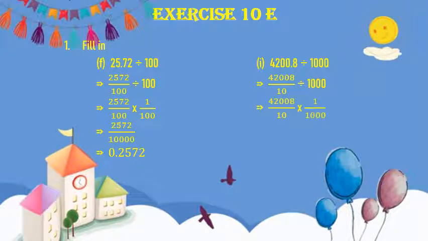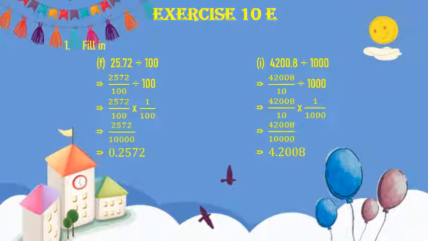This is equal to 42008 by 10 multiplied by the reciprocal of 1000, which is 1 upon 1000. Now this in turn is equal to 42008 upon 10,000, right?